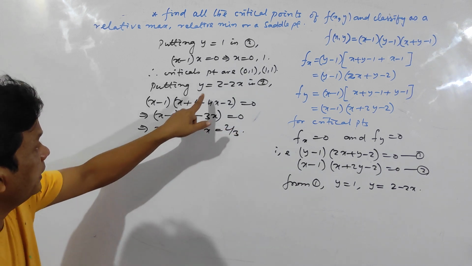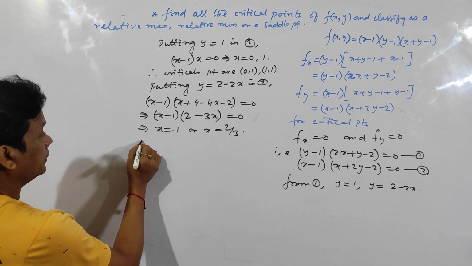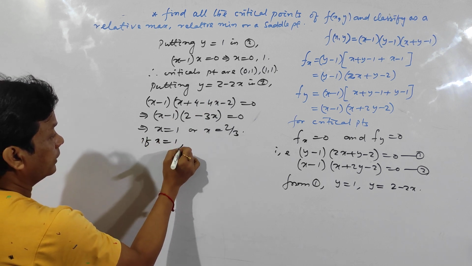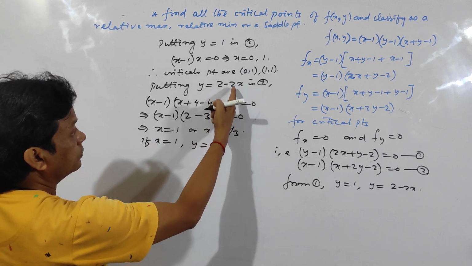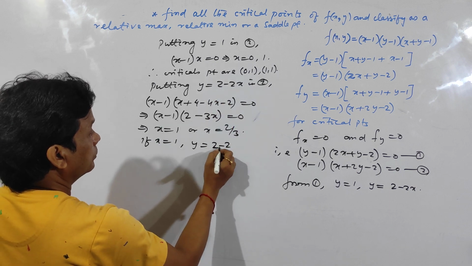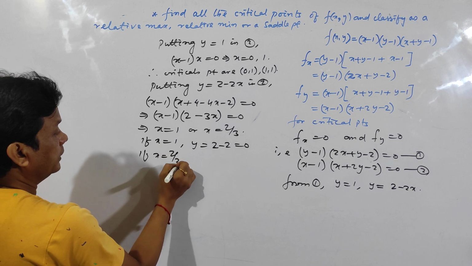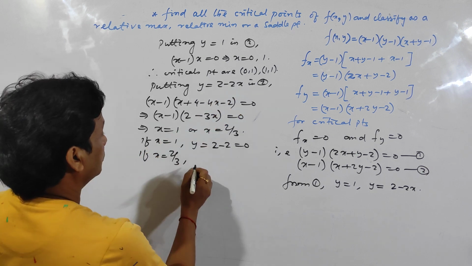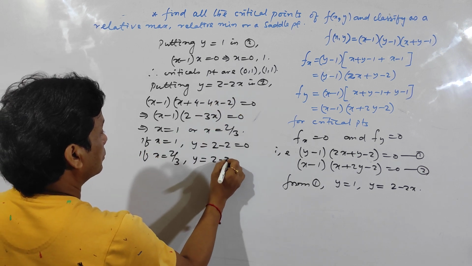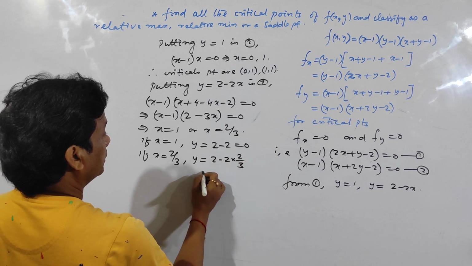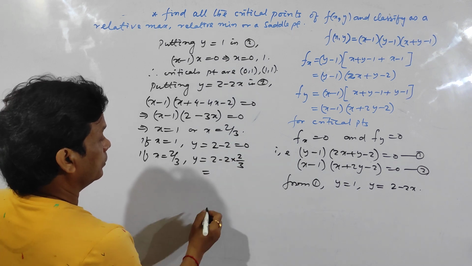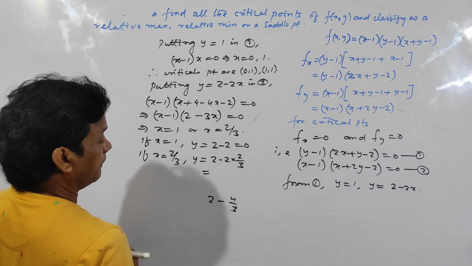Now put x is equal to 1 here. If x is equal to 1, then y is equal to 2 minus 2, it is 0. And if x is equal to 2 by 3, put 2 by 3 here. Y is equal to 2 minus 2 into 2 by 3. It is 2 minus 4 by 3.